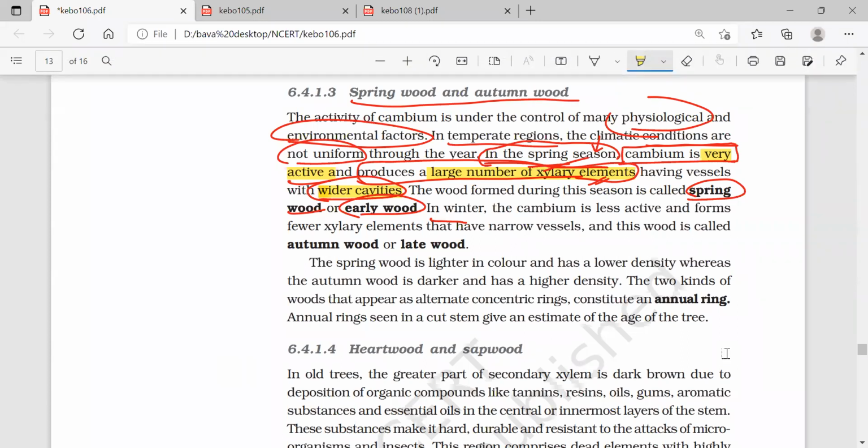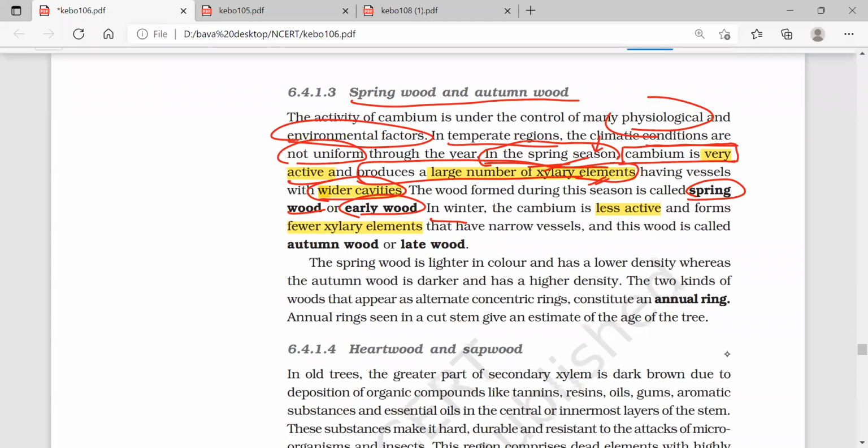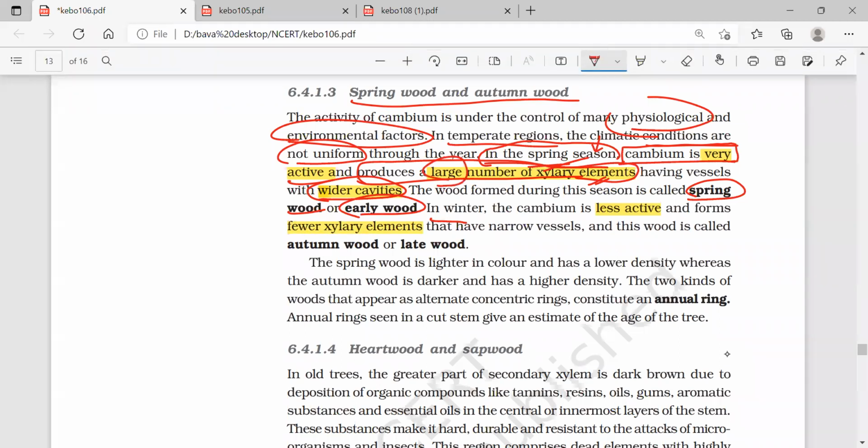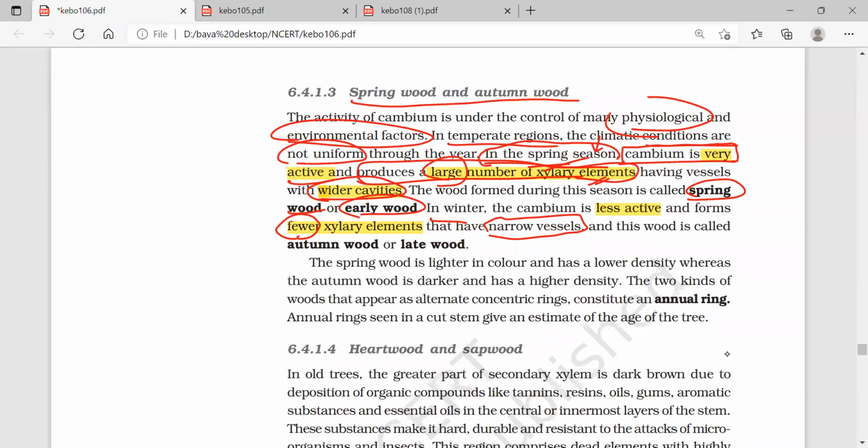In winter, the cambium is less active and forms fewer xylem elements. Here we saw a large number, but here fewer xylem elements that have narrow vessels. The vessels are narrow, and this wood is called autumn wood or late wood. So we saw there are two types of wood based on the season.